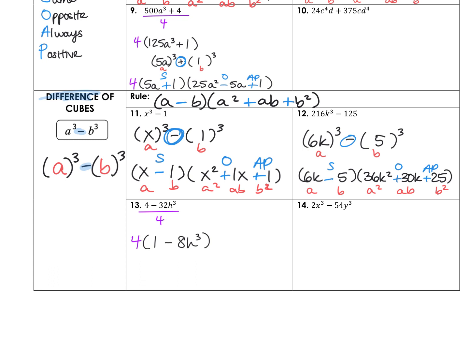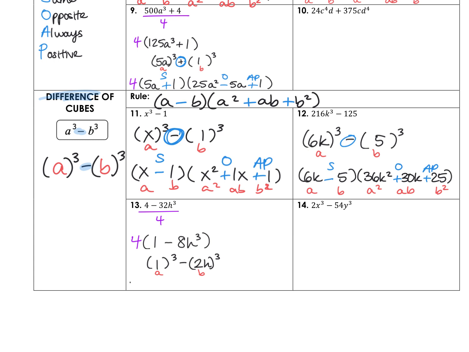Okay, notice your variable comes second, not first. So you need to figure out what's A and what's B based on the one I have left in black, okay? All right, A, you should have 1. Okay, what is B? 2H.